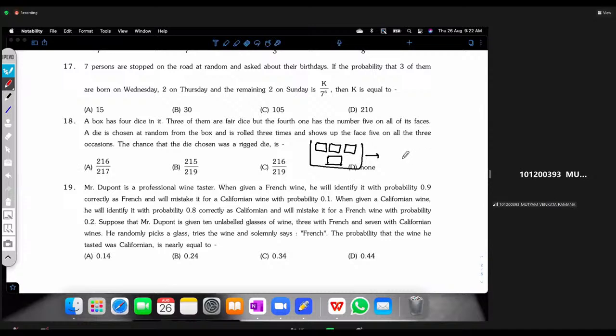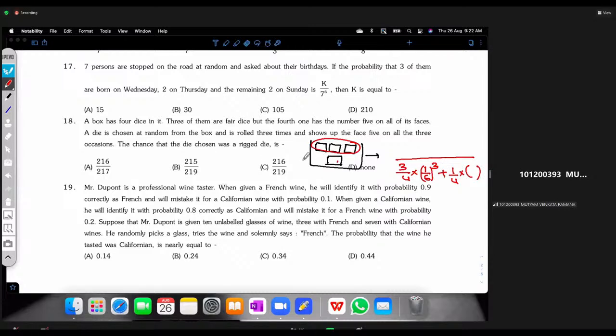So total possible ways, I am writing these three. So this is 3 out of 4, and getting the 5 on this one is 1 by 6, 3 times, so 1 by 6 whole cubed, plus, if you are picking the defective piece, that is 1 by 4, every time success.